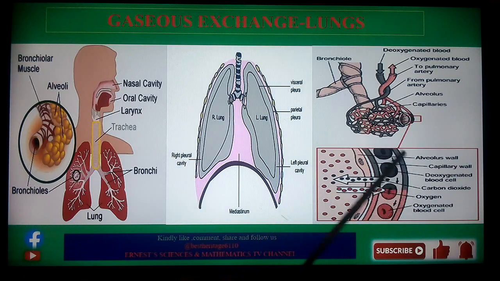At the lower part is a magnified section of the alveolus, showing the blood capillary on the far right. This is the inner part of our alveolus, which consists of an active layer for exchange of oxygen and carbon dioxide to oxygenate and deoxygenate this specific blood.